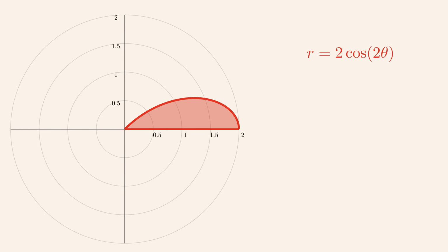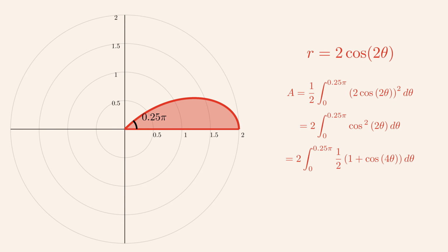This portion corresponds to the area swept out from 0 to 0.25 pi radians. Those will therefore be the limits of integration. We start by squaring the cosine term. Next, we apply the relevant trigonometric identity. After integrating, we arrive at this expression.